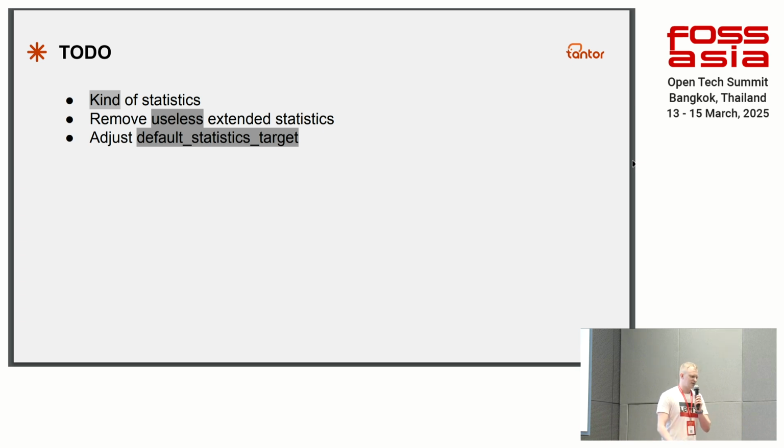The third, perhaps the most complicated issue, is adjusting default_statistics_target, because in the area of extended statistics it is complicated. This parameter adjusts the size of the histogram, MCV, and distinct values, the size of the collected data.